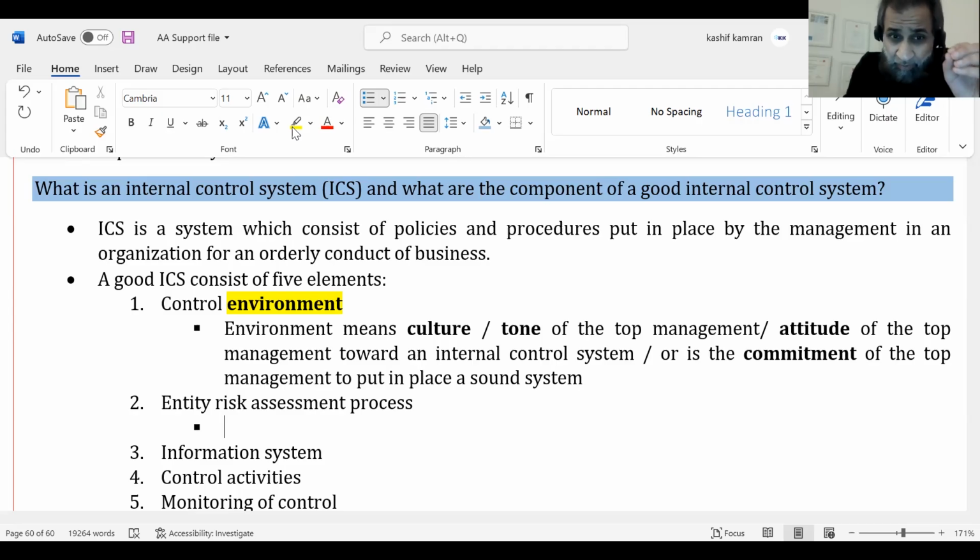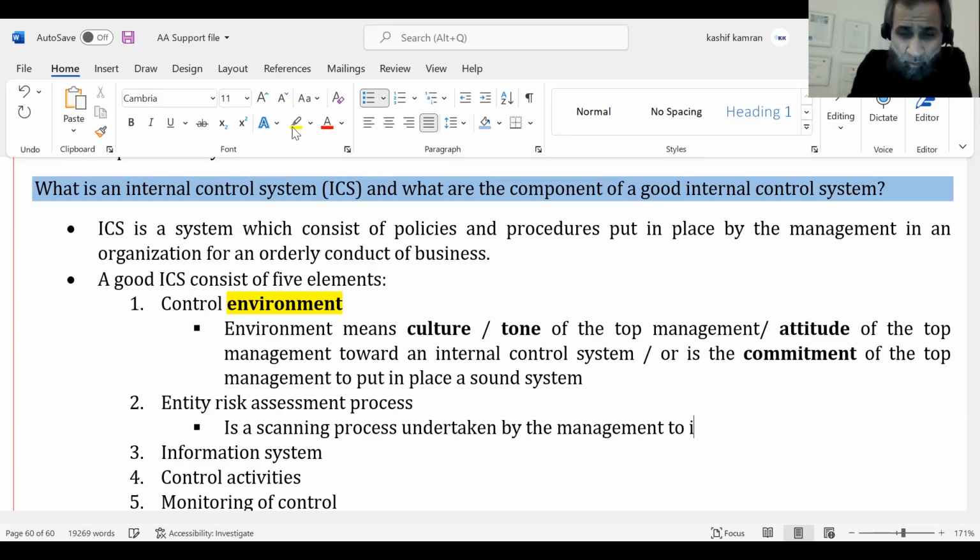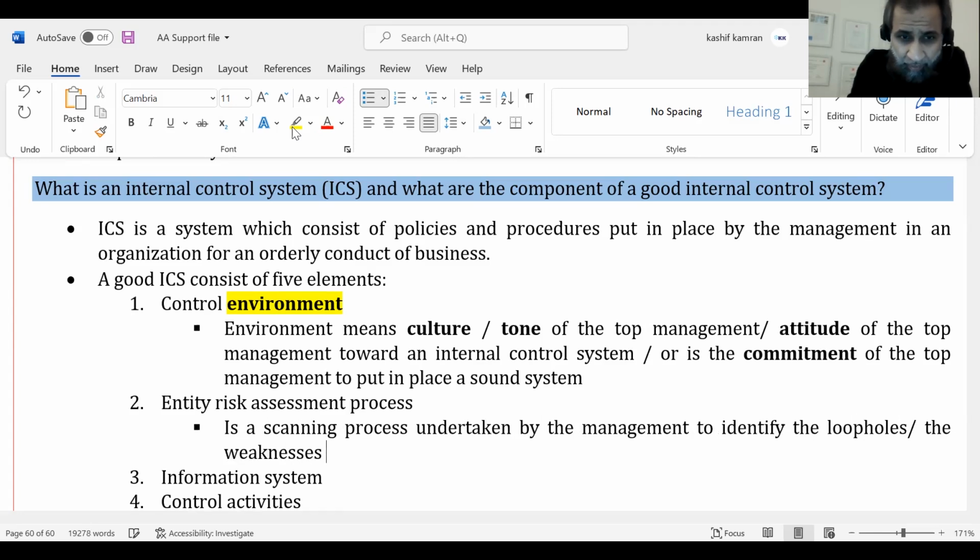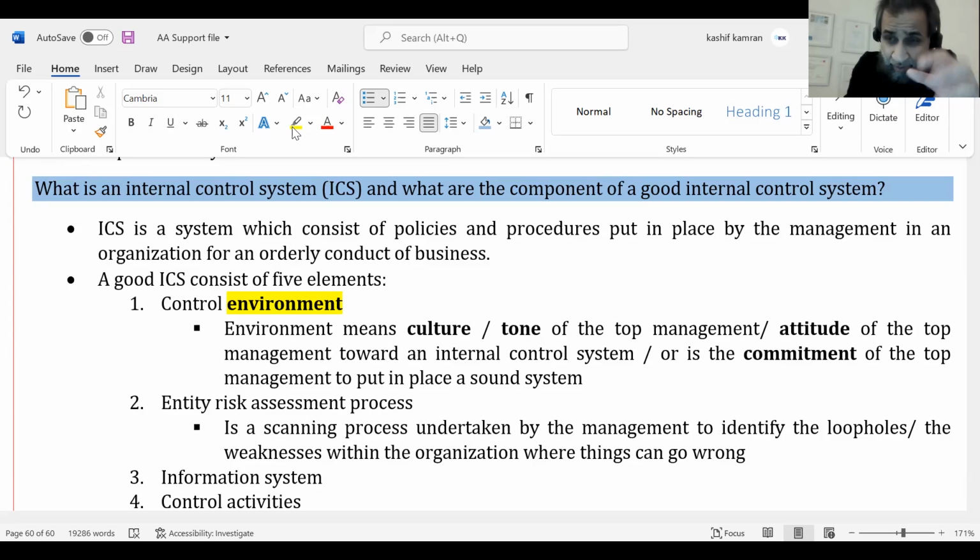So entity risk assessment process is a scanning process undertaken by the management to identify the loopholes or to identify the weaknesses within the organization where things can go wrong, because if you identify the risk, then only you will put in place a strong system.